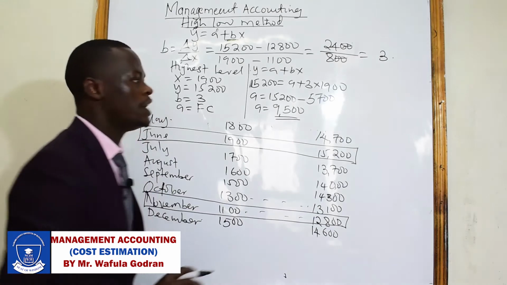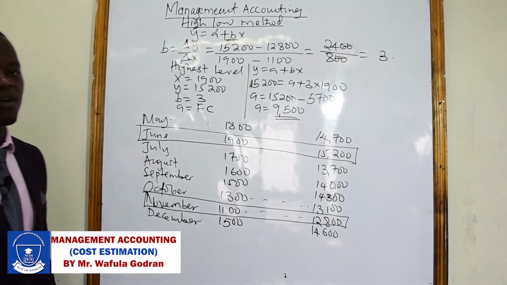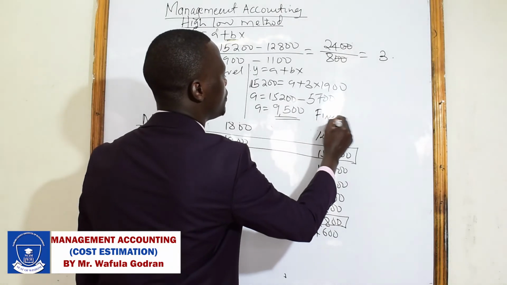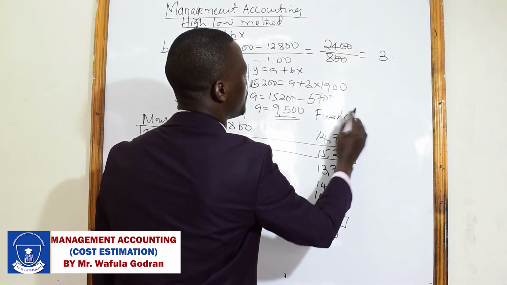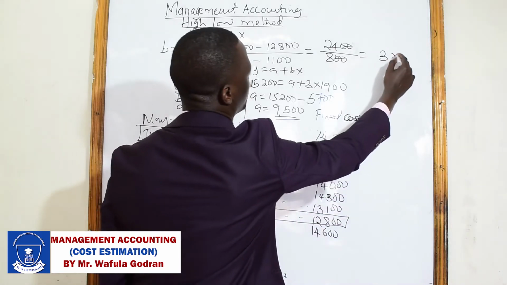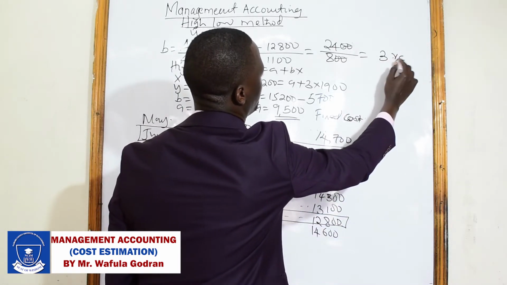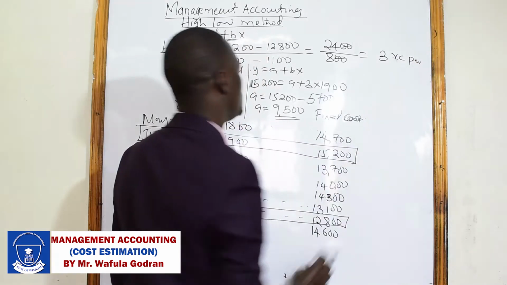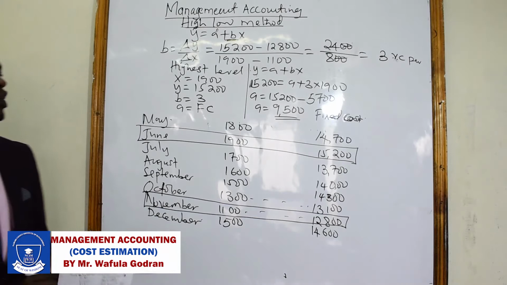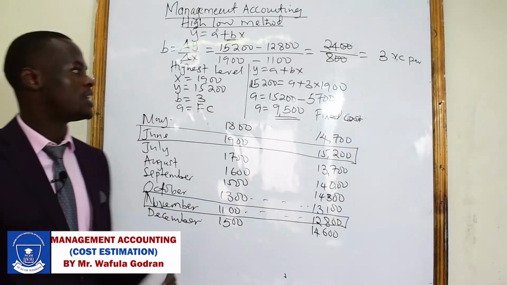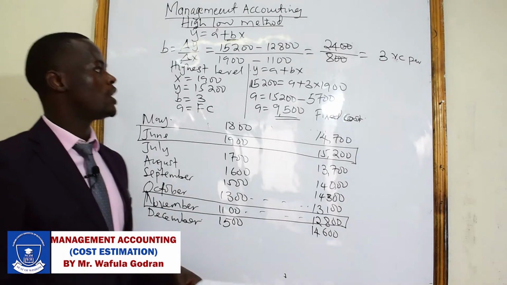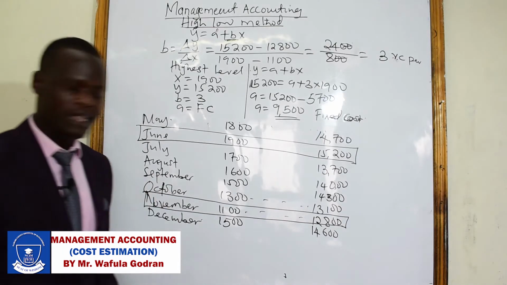That is the fixed cost component, and this is the variable cost per unit. So that's how you answer that question using the high-low method. I'm hoping that concept is clear now, and you can easily use it to answer other questions.